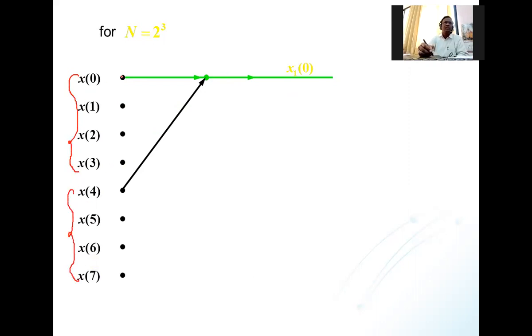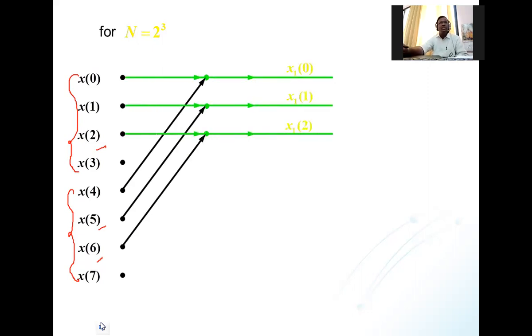The first value of the first half part is added with the first value of the second half part, so that is what we get as x1 of 0. Likewise, the second value is added with the second value of the second part, the third value with the third, and the fourth value with the fourth. So we have to take the addition of 4 terms. This is how we are adding.